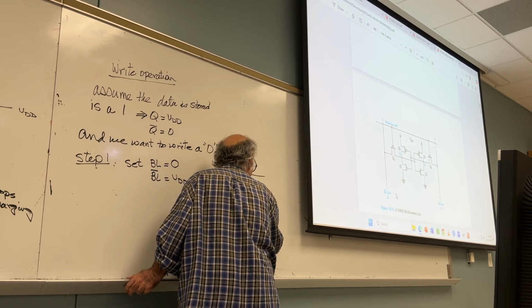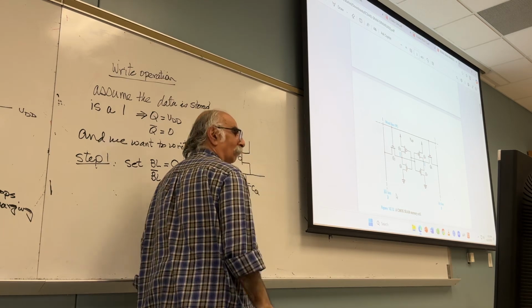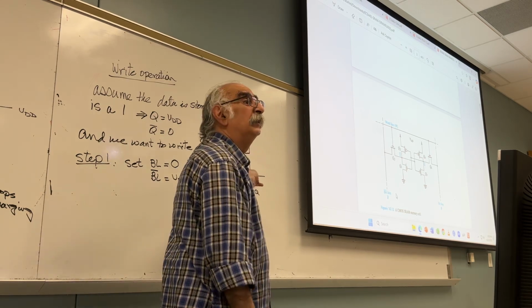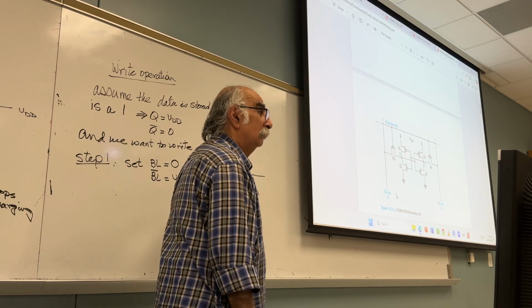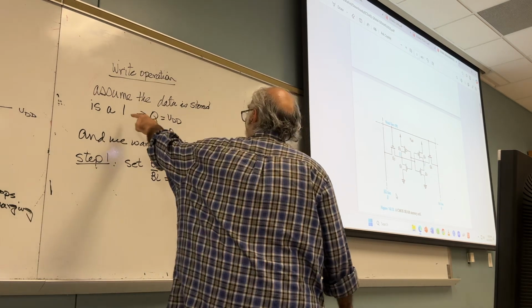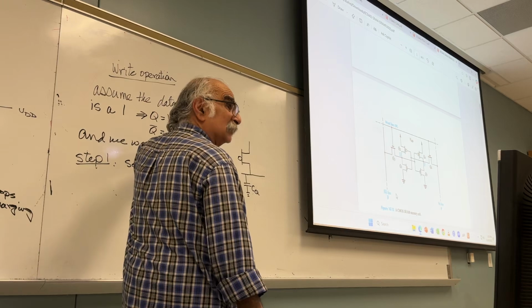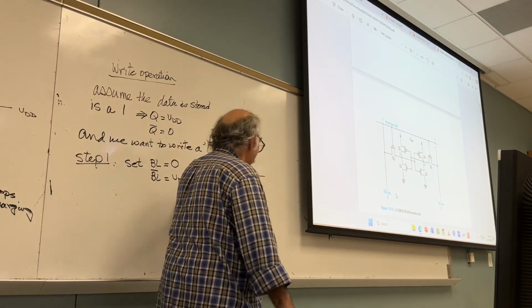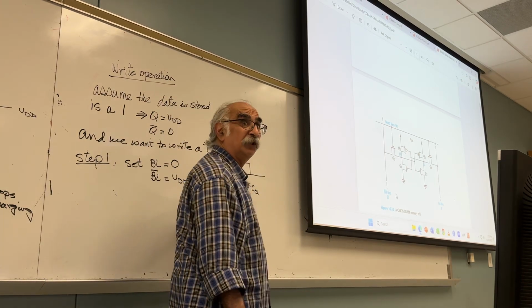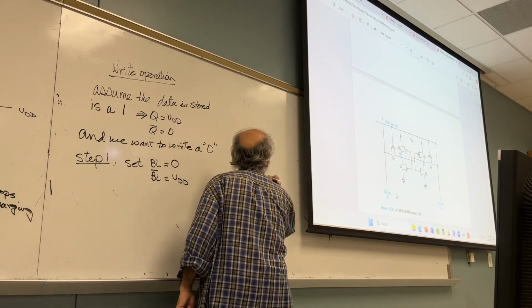What is this? CQ? Initially, what did I assume? The data is VDD, which means this one initially stored VDD. Okay, then what?